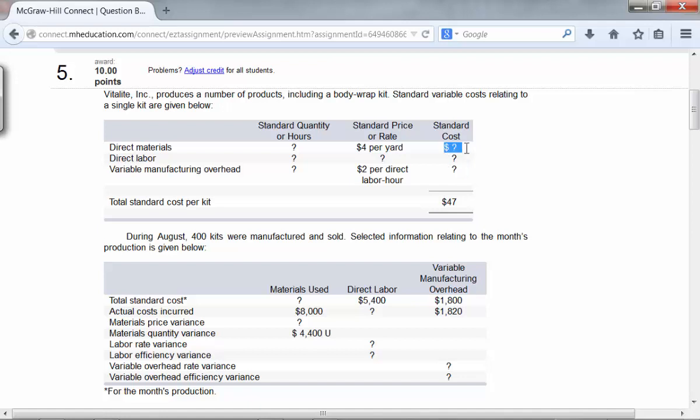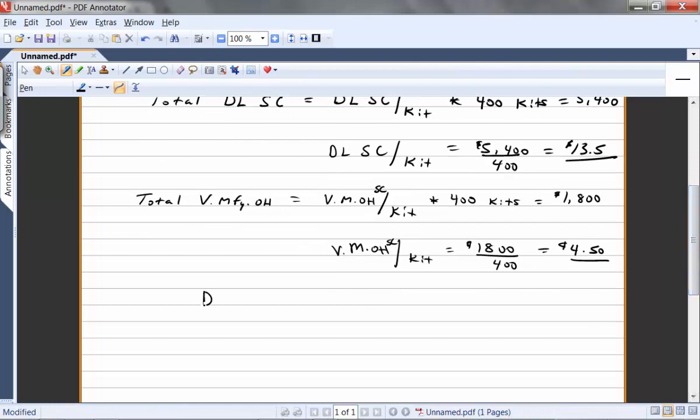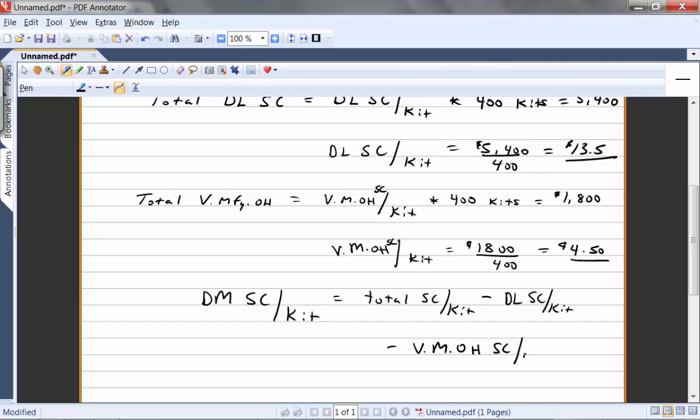So the direct materials standard cost per kit is equal to the total standard cost per kit minus the direct labor standard cost per kit minus the variable manufacturing overhead standard cost per kit.